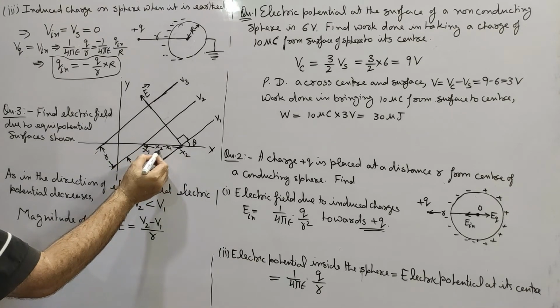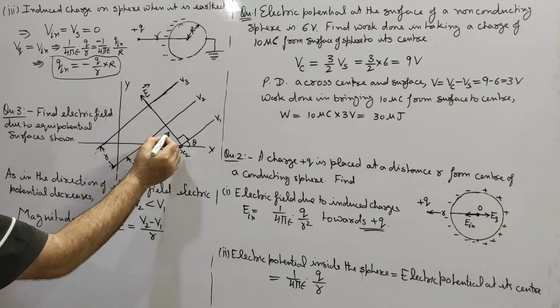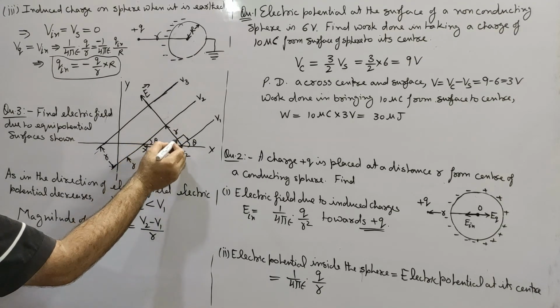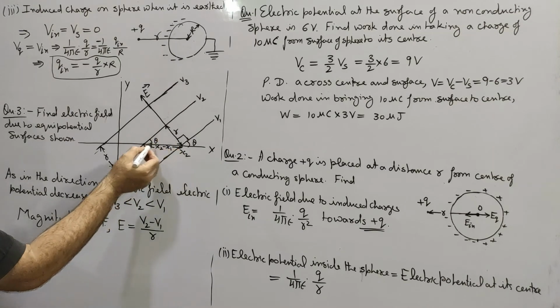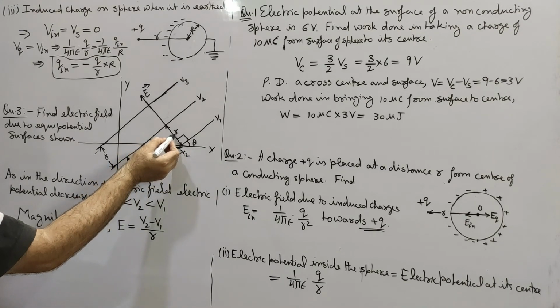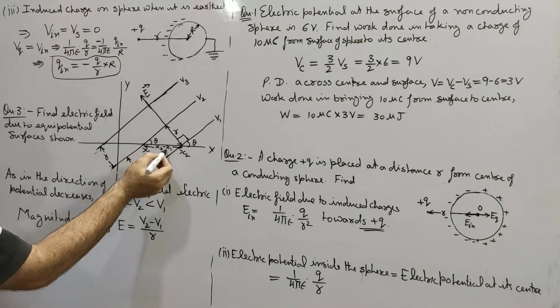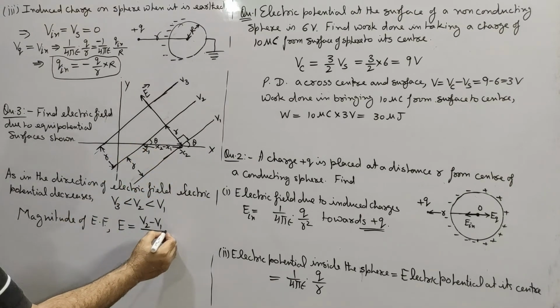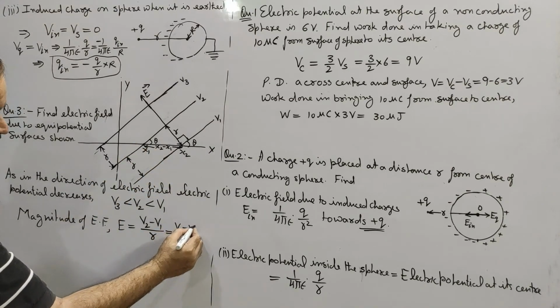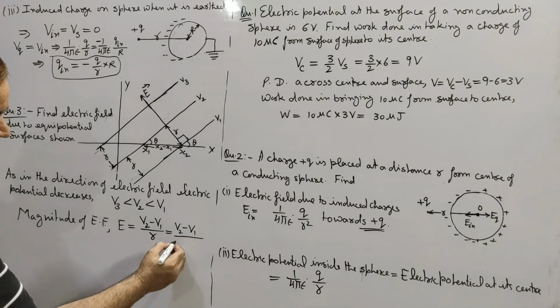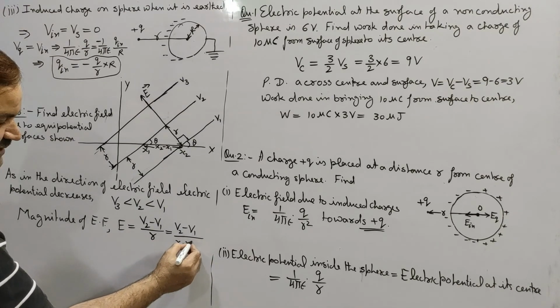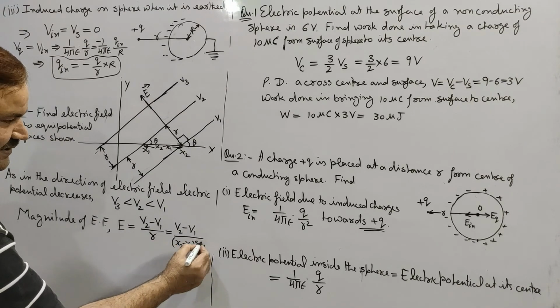Using x2 minus x1 and this angle being theta, this angle will also be theta, we can determine R. R for angle theta will be perpendicular, and perpendicular is equal to hypotenuse into sin theta. So it can also be written as V2 minus V1 upon x2 minus x1 times sin theta.